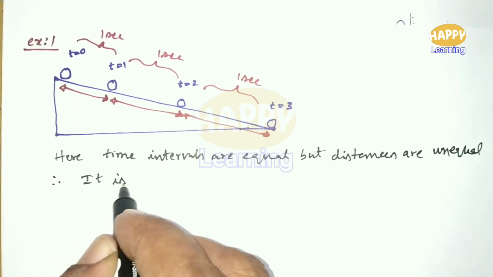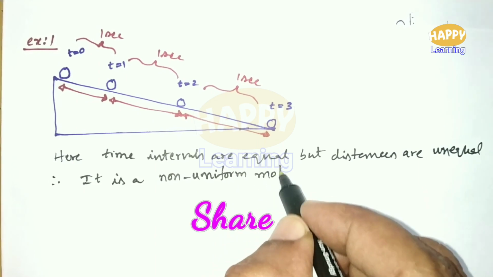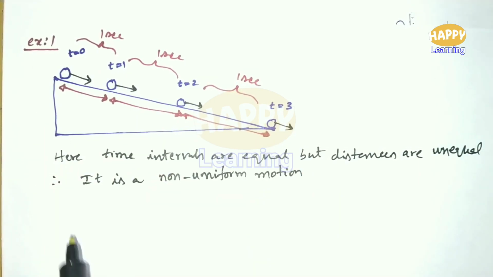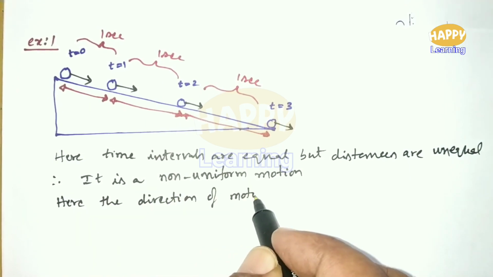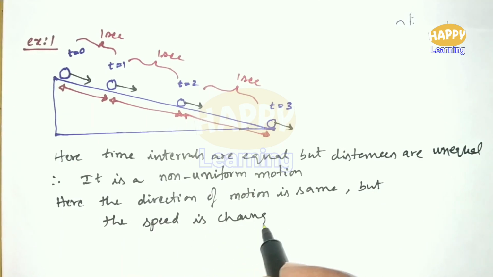Therefore, it is a non-uniform motion. The direction of motion is the same. The speed is changing.